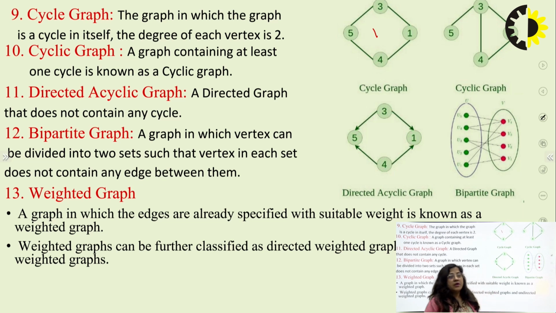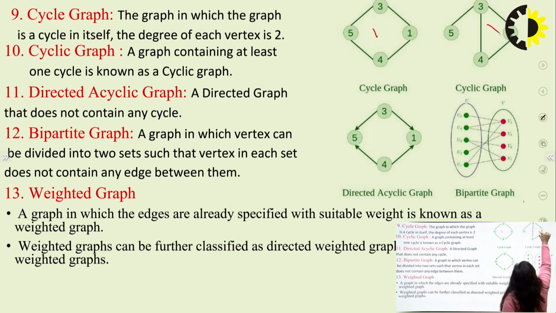The next one is the cyclic graph: a graph containing at least one cycle is known as a cyclic graph. Here we also have vertices 1, 2, 3, 4 and 5.